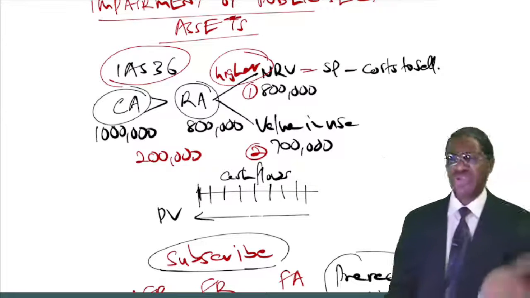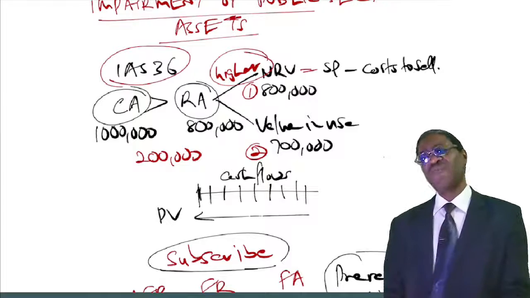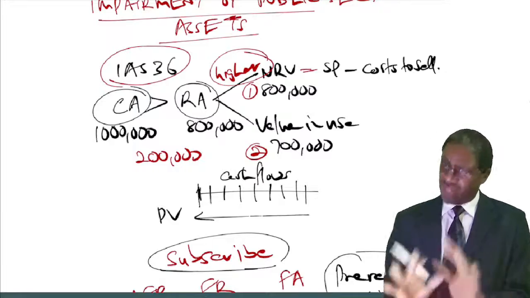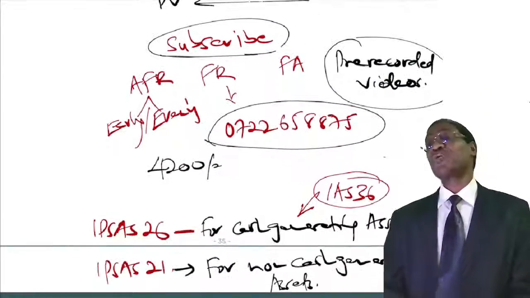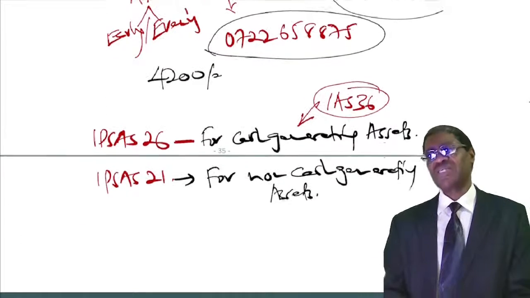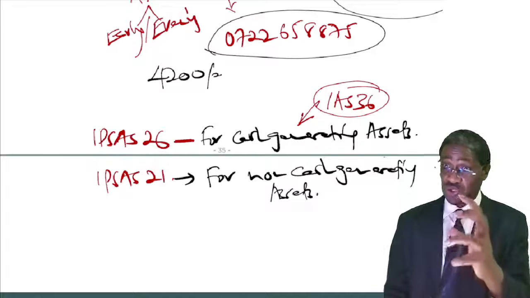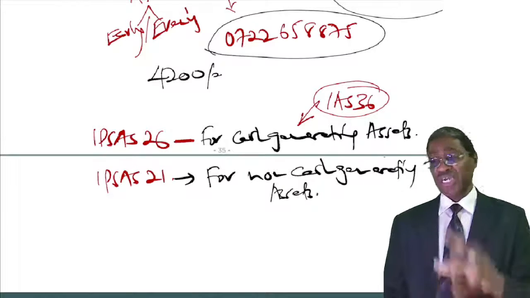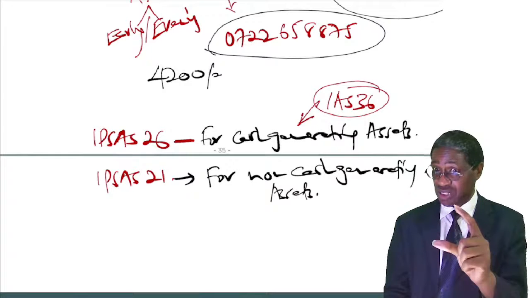Get the recoverable by comparing the net realizable value with the value in use. So that's all I can say concerning Ipsas number 26: it is the same concepts applied as those used in IAS number 36.